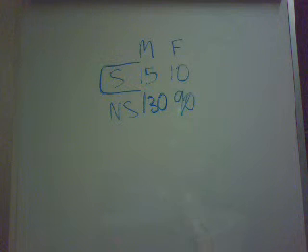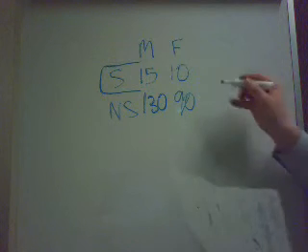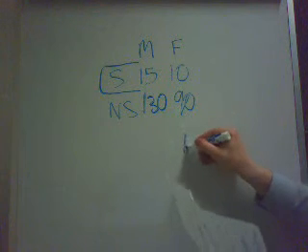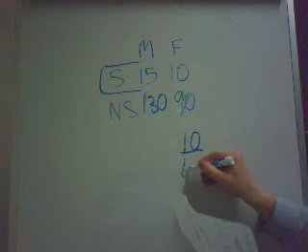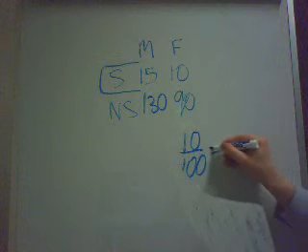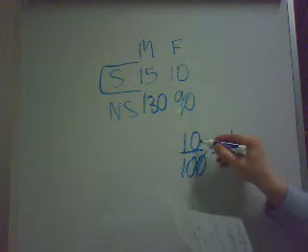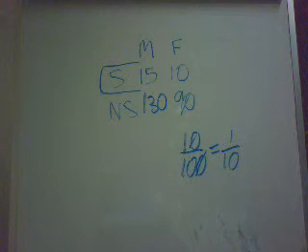Well, the proportion of female smokers, or proportion of females who are smokers, is 10 out of 100. 10 smokers out of a total of 100 females. So 10 over 100 is the same as 1 in 10, because we can cancel a 0 top and bottom, so it's 1 upon 10.